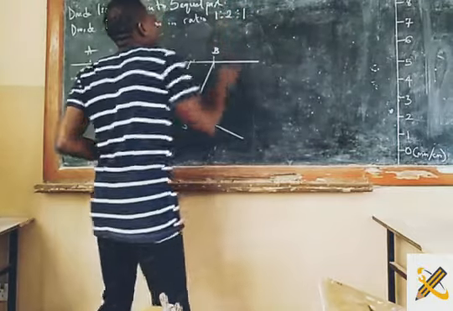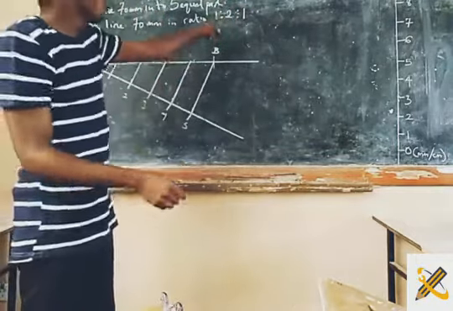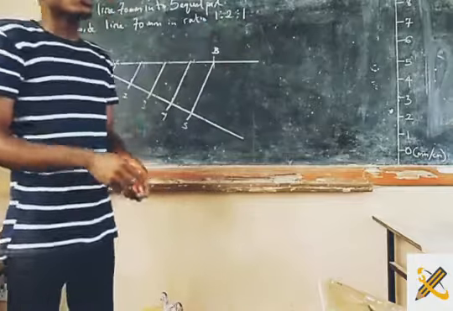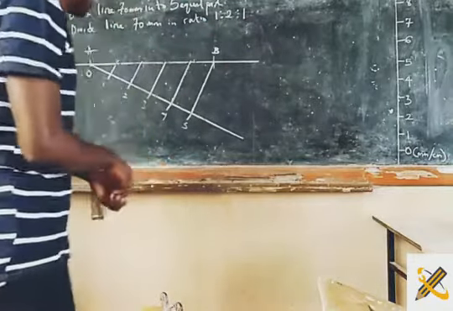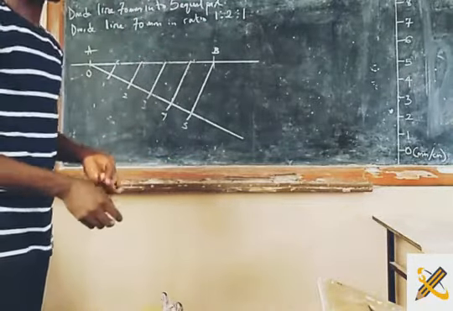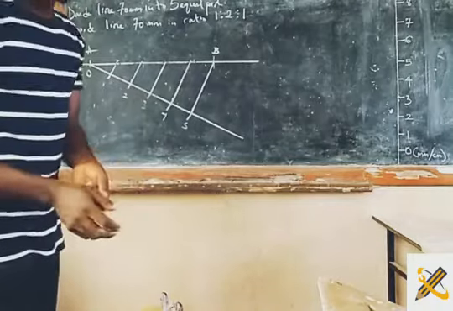It says divide line 70 mm in ratio 1:2:1. So what are you going to do? So just as it is here, the first thing we are going to do is this.